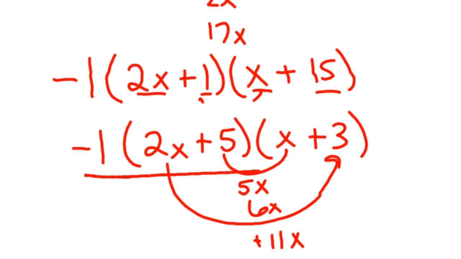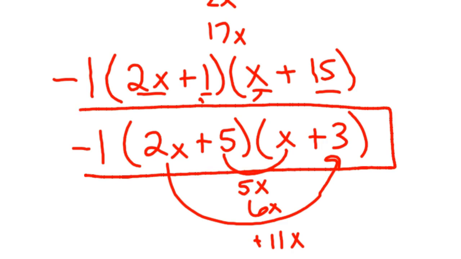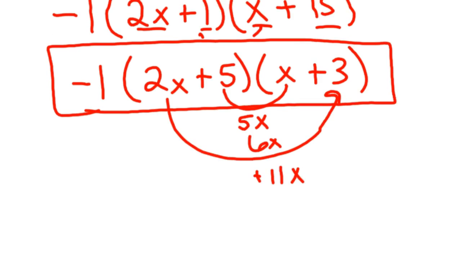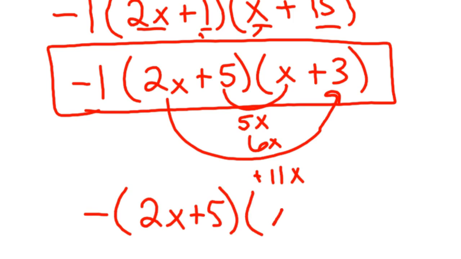So here is the completely factored version of that. Typically, we don't like a negative 1 there, so we'd write it as negative parenthesis 2x plus 5, and then x plus 3.